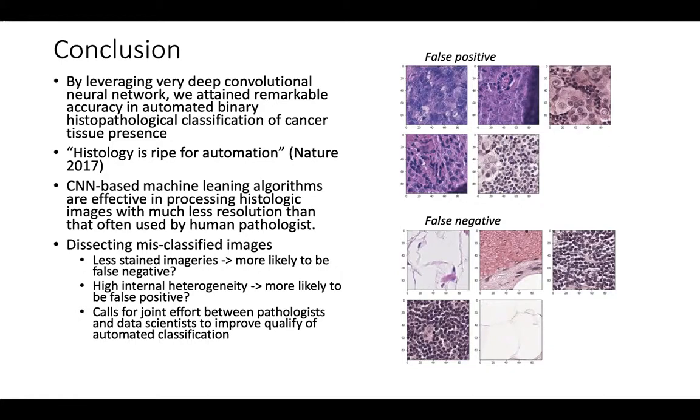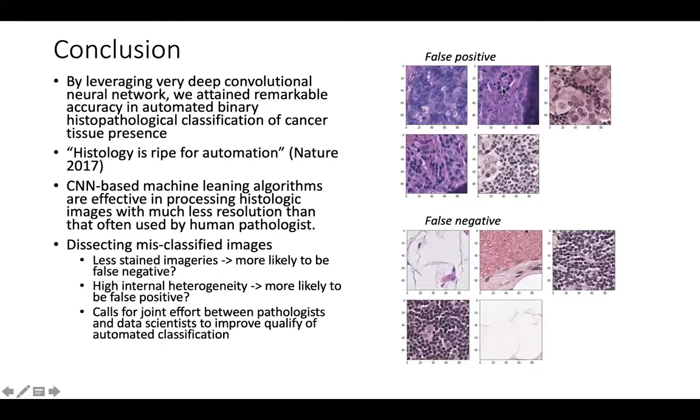And remember that I wrote that code to look at the misclassified cases. I'm also interested in seeing how those misclassified cases differ. As you can see in the false negative slides, some of the less stained cases like this one and that one, it probably makes sense for the machine to think there's nothing going on there, and they're more likely to be false negatives.